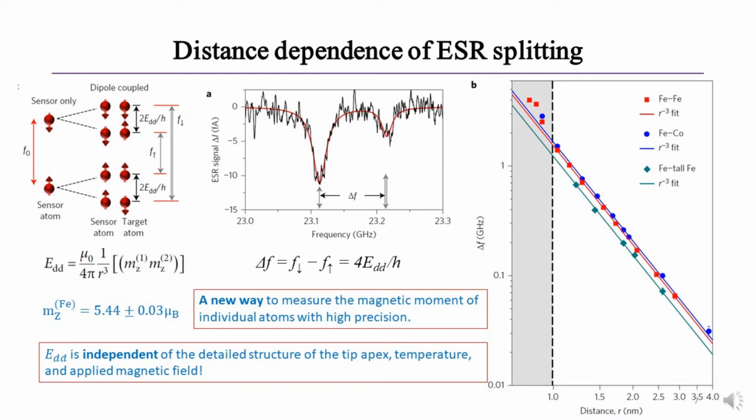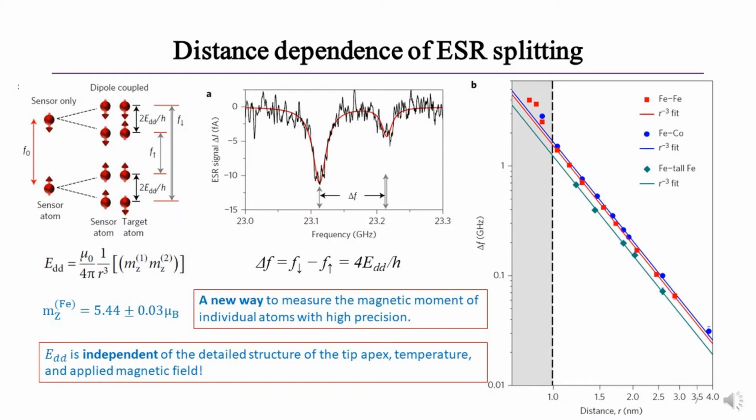So in this way, the ESR frequency difference delta F gives the magnetic interaction energy, which is calculated in this equation, which is approximated in the most ideal model.